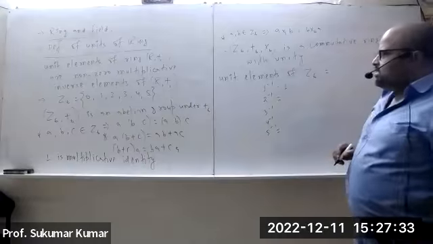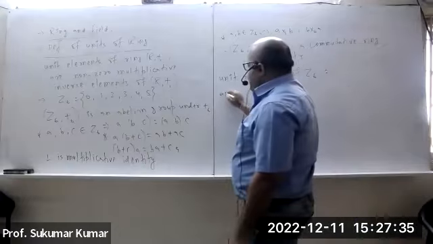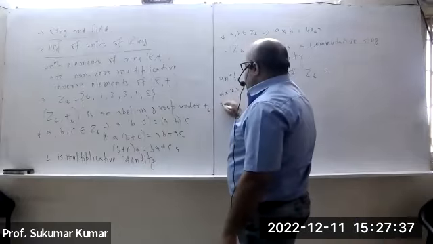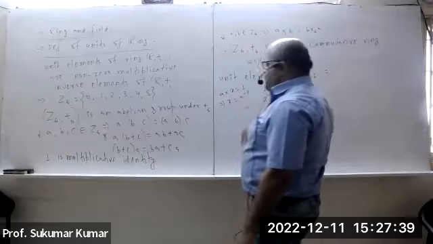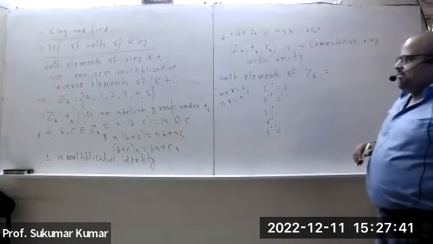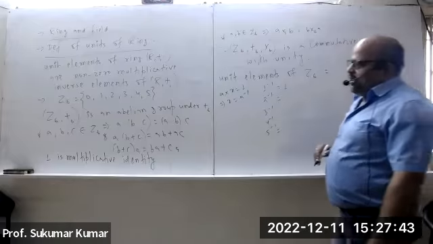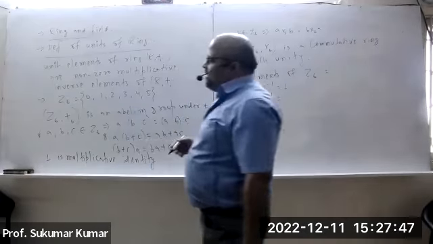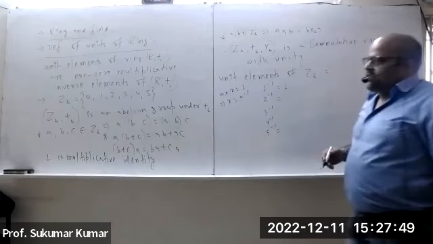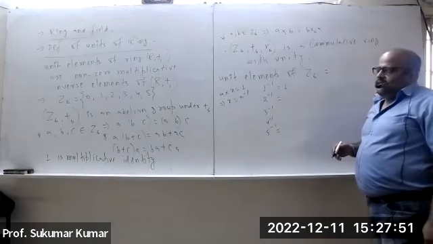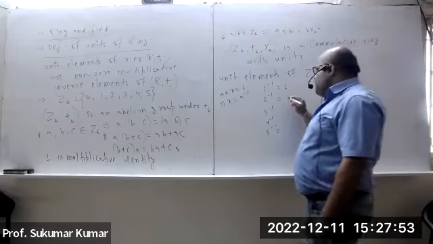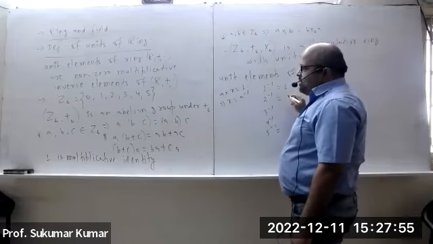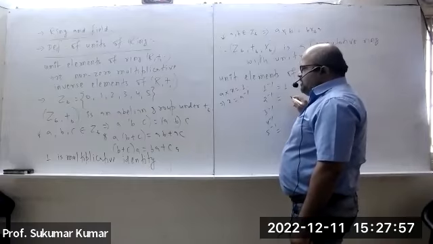Multiplicative means a into x we want 1, then x will be the multiplicative inverse of a. So 2, what do you multiply so that 1 comes under multiplication modulo 6? It does not exist. 2 has no multiplicative inverse. 2 into 3 is 6, modulo 6 will be 0.